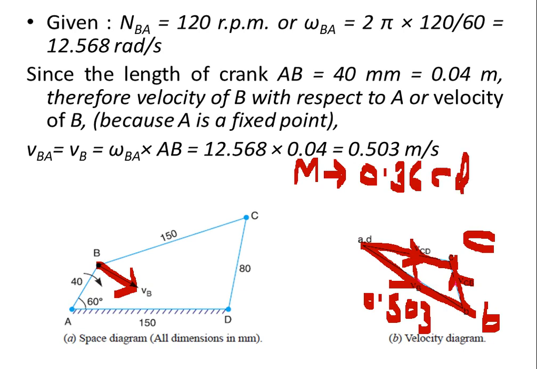Yes sir. Okay, and what about BC? 0.32, sir. Okay, 0.32 you got for BC. Okay, any other answer?